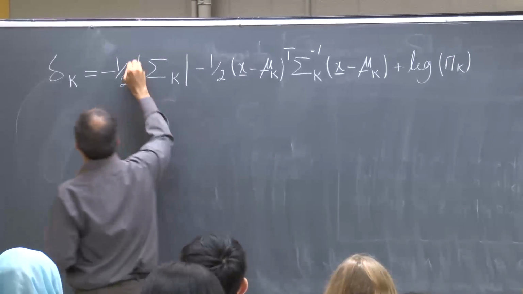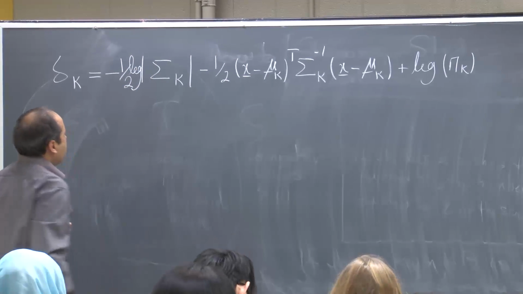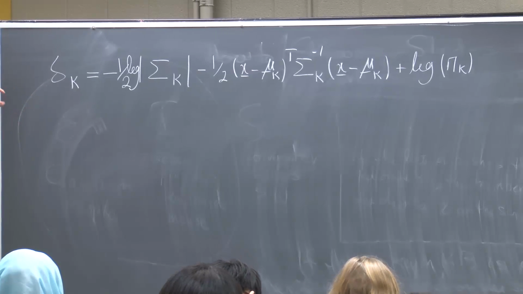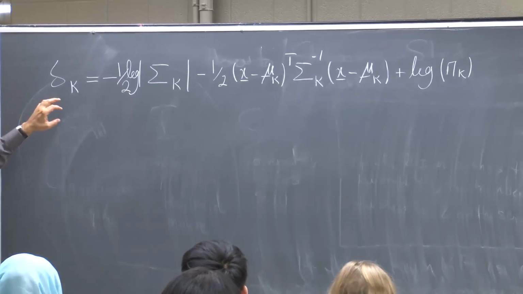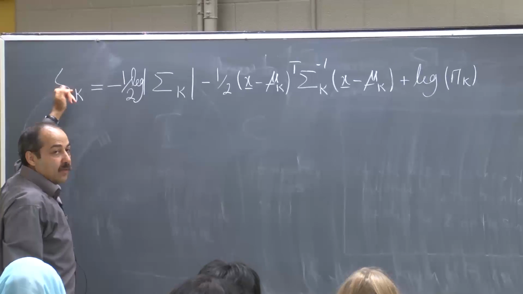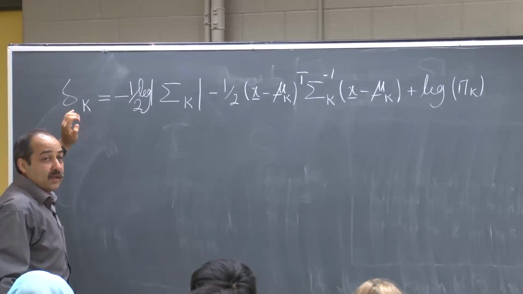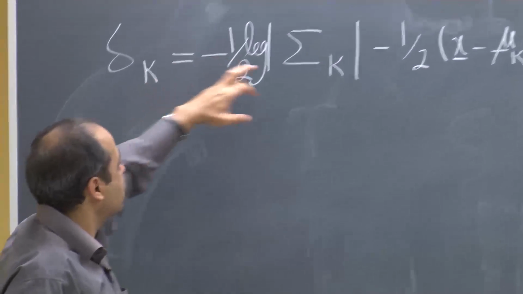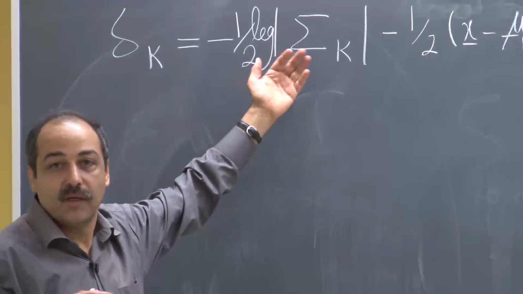I think we need a log here as well. Okay, we can compute this quantity for different classes and compare them, and decide for the label according to the value of this delta. Basically, we can assign point x to the class which has maximum delta.